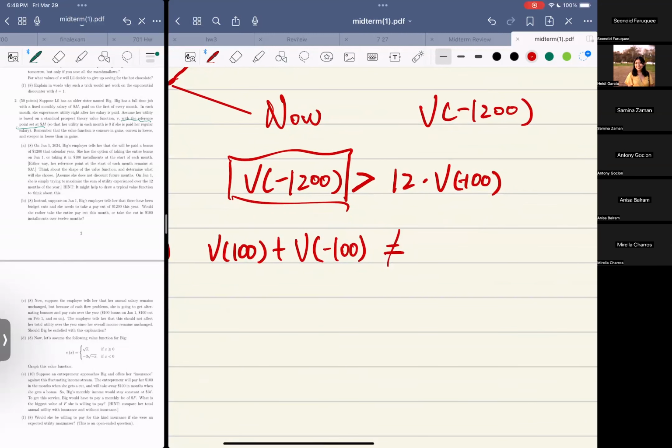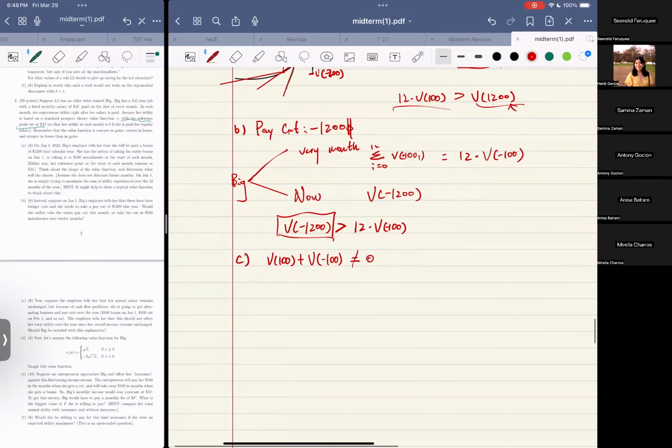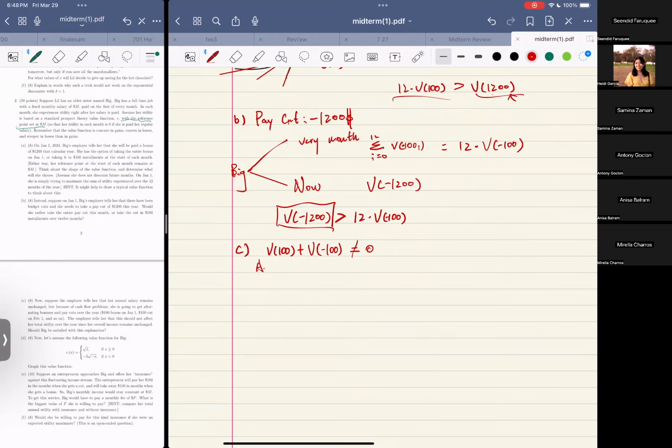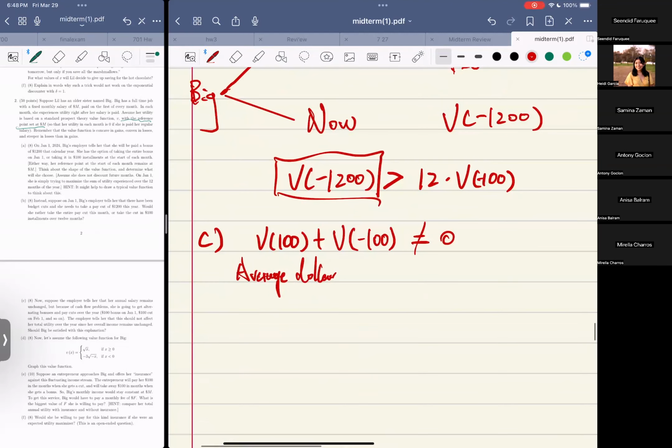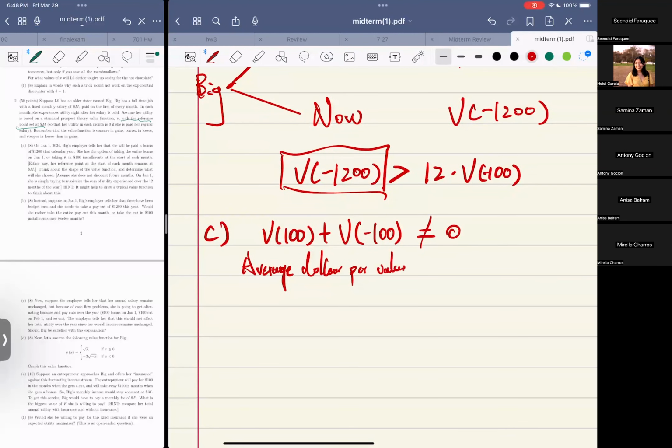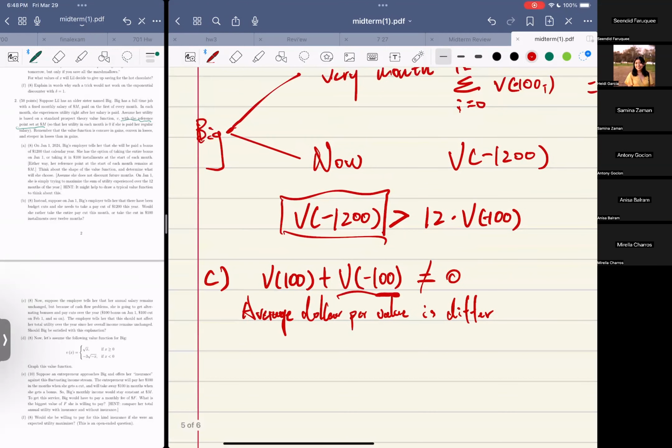This does not equal 0. It doesn't balance out, because the average dollar per utility, per value, is different. The V of negative 100 is steeper.